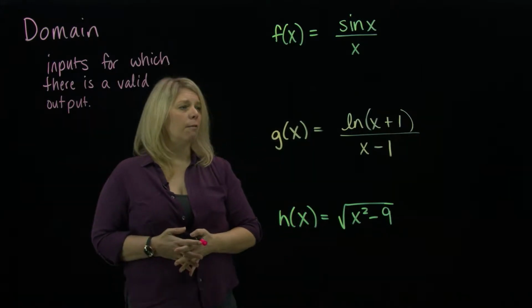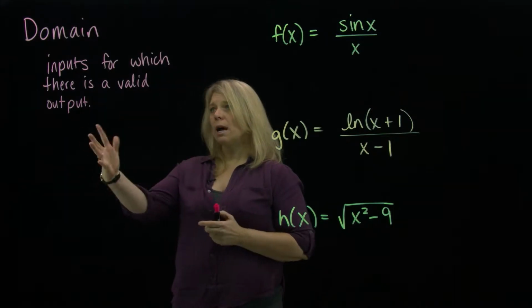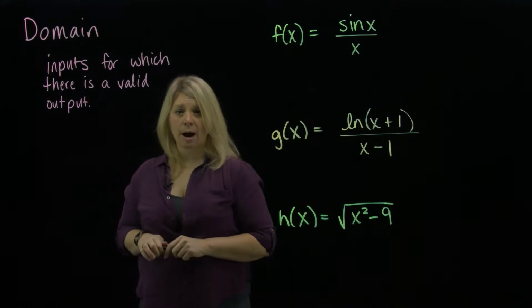So if we're talking about functions where we have real number inputs and real number outputs, we're talking about some set of real numbers here for which we get a real number output.